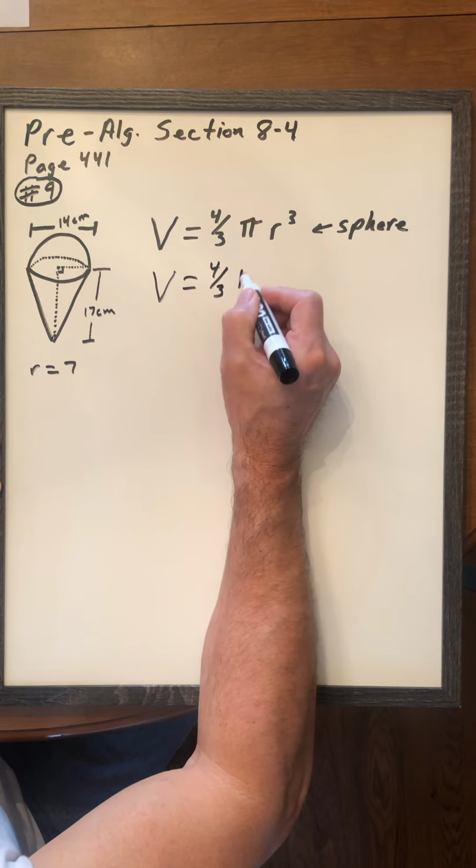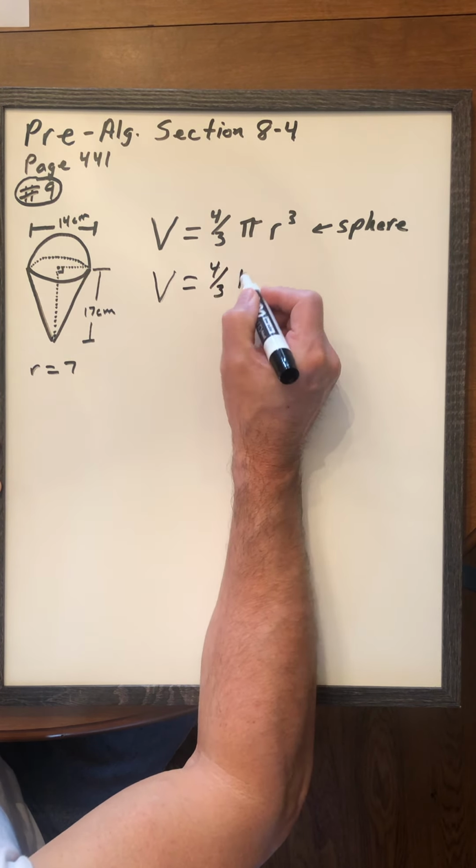We need to take the 4/3 times the 343, and that's going to give me 457.333, and that keeps going on. And then I'm going to plug in the 3.14 for pi. And we multiply those together, and we end up with 1,436.0266, and then it keeps going on.